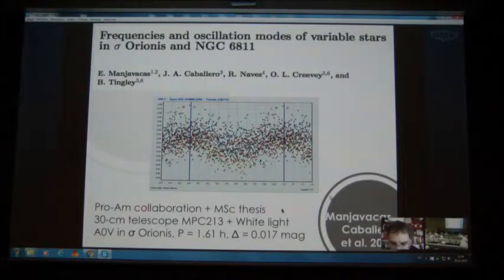Apart from discovering or rediscovering a lot of variables, I noticed one that was very strange, very weird for me, this light curve. It corresponds to an A0 star, and we can see a period of around 1.6 hours and an amplitude of only 17 millimagnitudes.